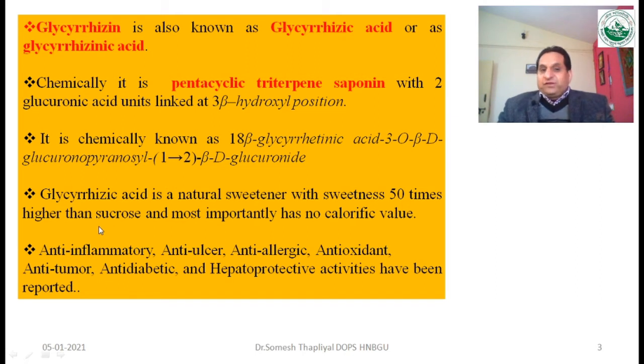Glycyrrhizin is a natural sweetener, which is 50 times sweeter than sucrose.